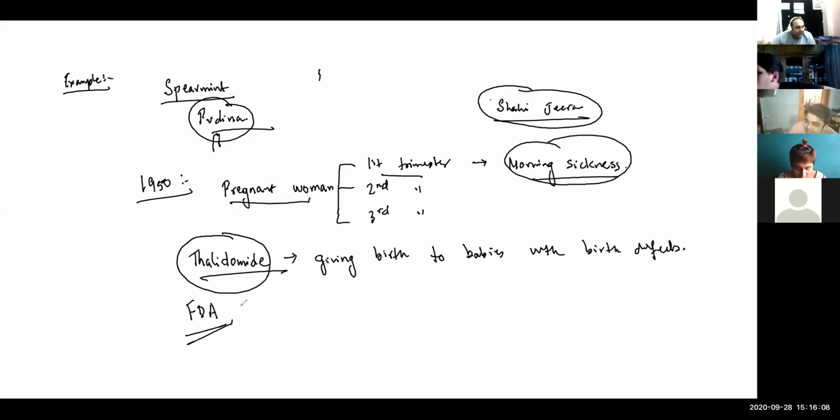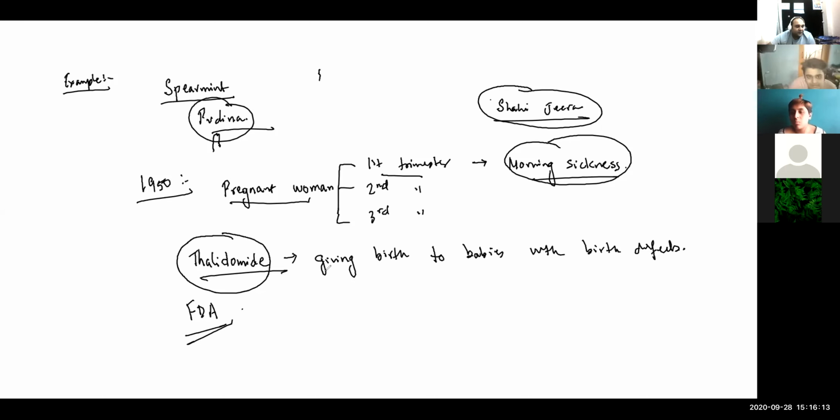So when the FDA, the woman who was the chief, said that we will not register this drug until further research. So they did further research and found that this thalidomide has optical activity, or they have isomers. One is alpha, one is beta, or something else.